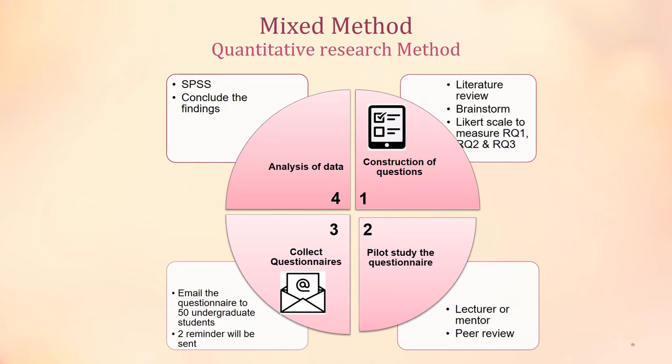Then I'll conduct a pilot study on the questionnaire to avoid any mistakes. Third, I'll email the questionnaire to 50 undergraduate students and 2 reminders will be sent. Finally, I'll analyze the collected questionnaires by SPSS to conclude the findings.